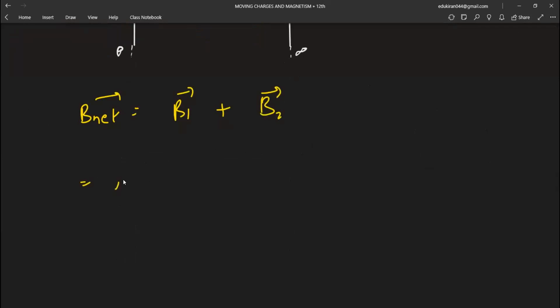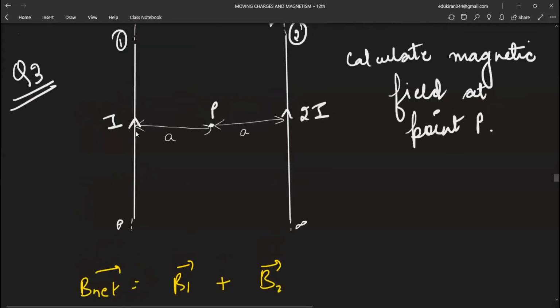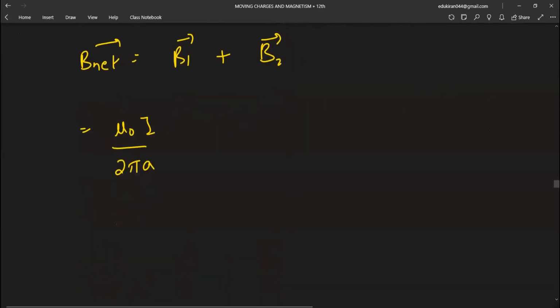So B1 is equal to mu naught I by 2 pi A. When you put your right hand along the upward side and curl your fingers towards point P, where is the thumb pointing? Thumb is pointing inwards, so this becomes minus k cap.